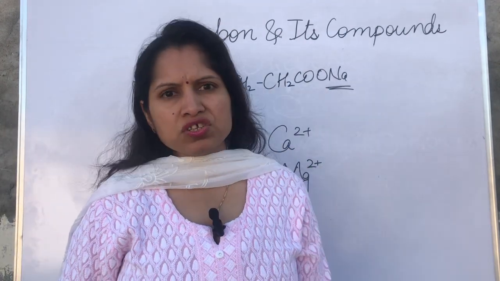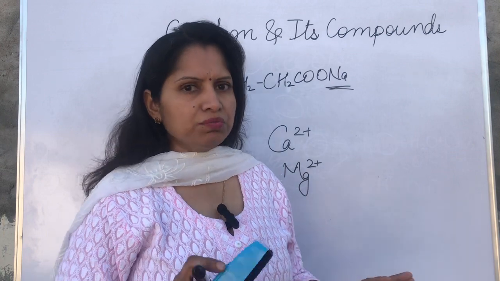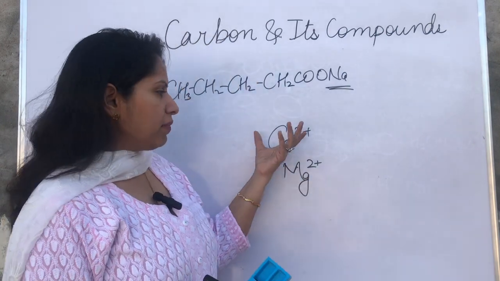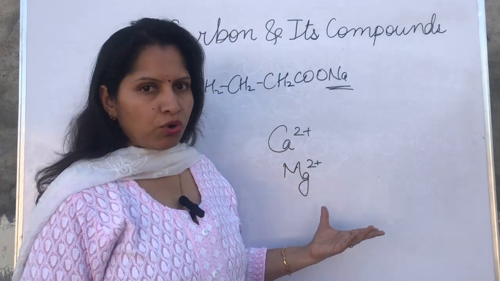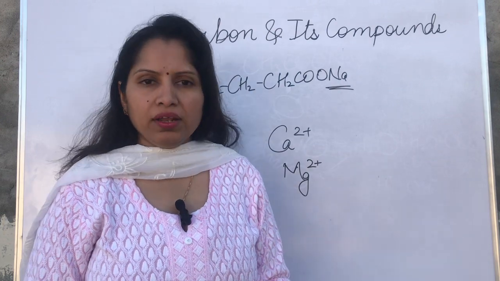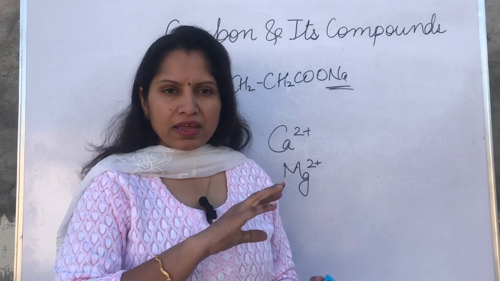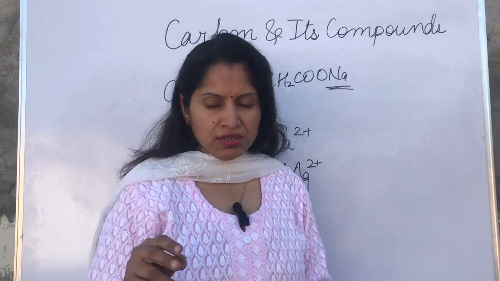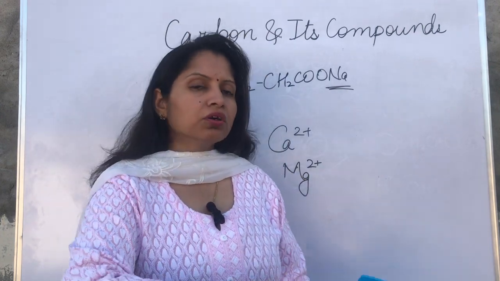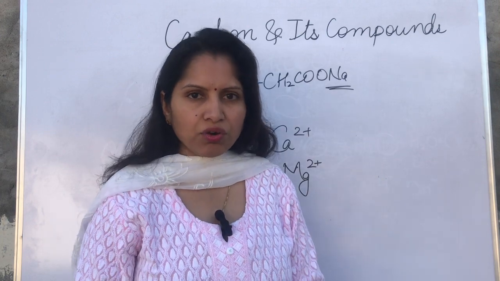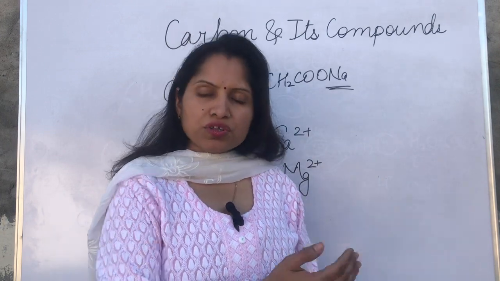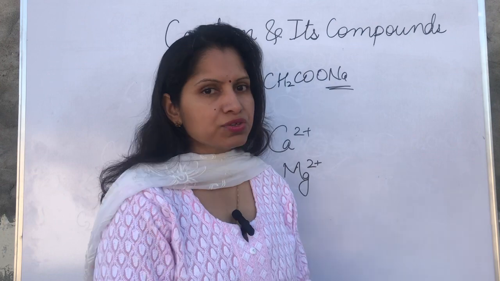So ammonium or sulfonates are not going to be affected by magnesium or calcium present in water, and so they can work well even with hard water. So that is the first difference, that is the definition. The second difference is that detergent works well with hard as well as soft water, and soap works well only with soft water.